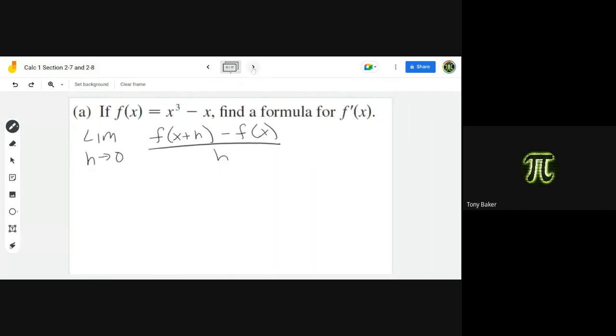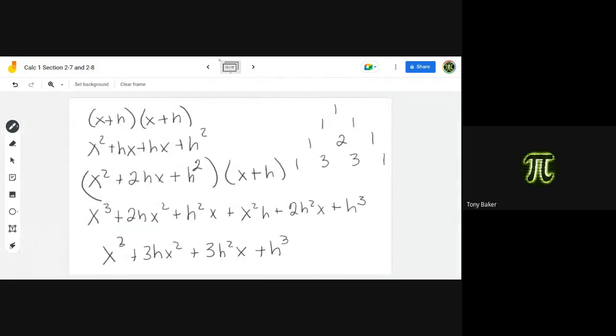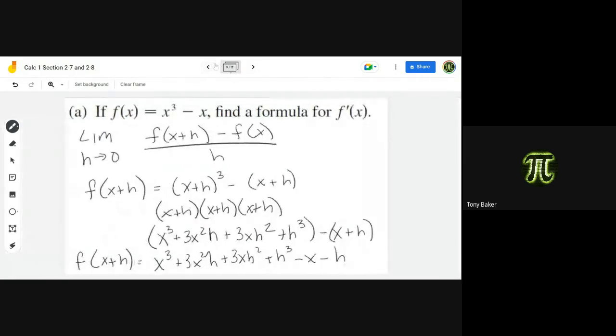So we now have the limit as h goes to 0 of x to the third plus 3x squared h, minus, was it minus or plus? It was plus.